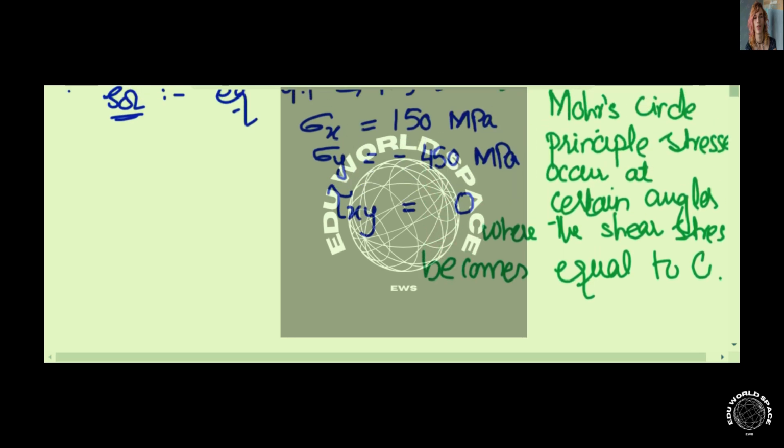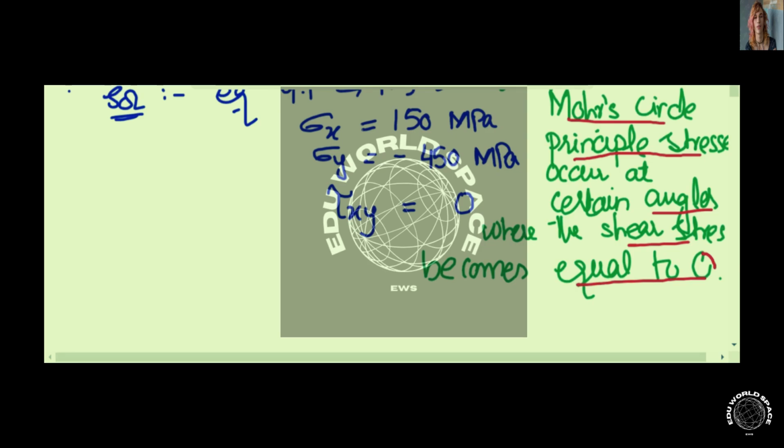So it states that according to the Mohr's circle or these equations that are 9.1 to 9.3, that principal stress occur at certain angles, right? And these are those angles where the shear stress becomes equal to 0, right?